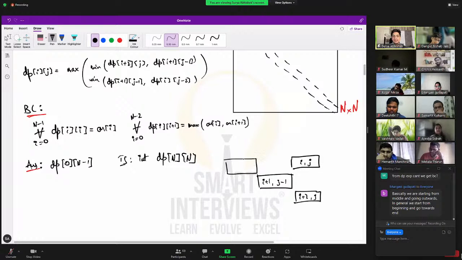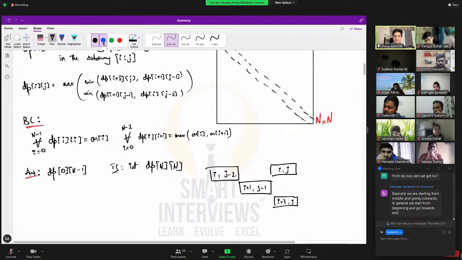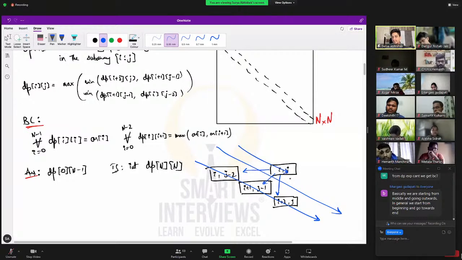And you're depending on i, j minus 2, which is somewhere over here. Basically, we are starting from the middle and going outwards. In general, we start from the beginning and go towards the end. That is a valid observation. That is what I'm trying to highlight over here as well. So i, j is dependent on these 3 cells. Only when they are computed first, after that, we can compute i, j.